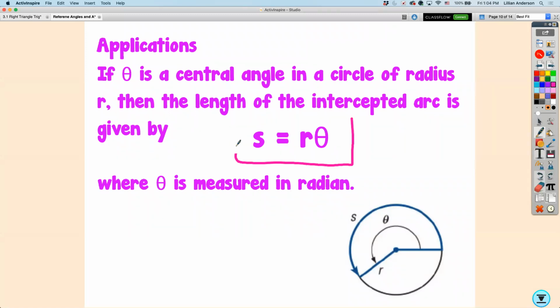Where it says arc length and there's this picture of a circle, you should write down that formula, S equals r theta, where S is equal to arc length, r is equal to radius, and theta, of course, is your angle, where theta is measured in radians. That is so important. Please make a note that theta has to be in radians. Otherwise, you are not going to get the correct arc length.